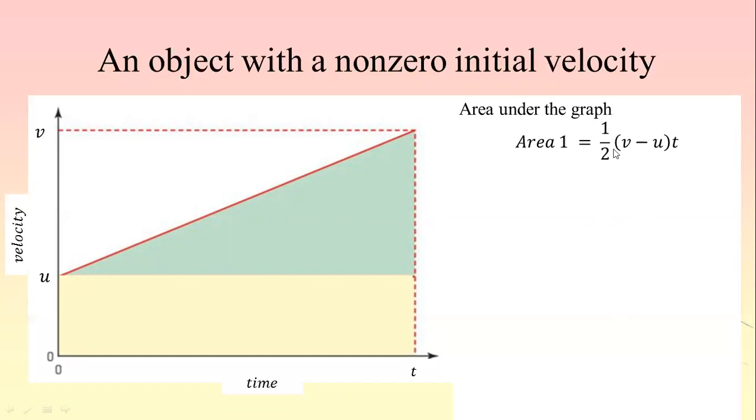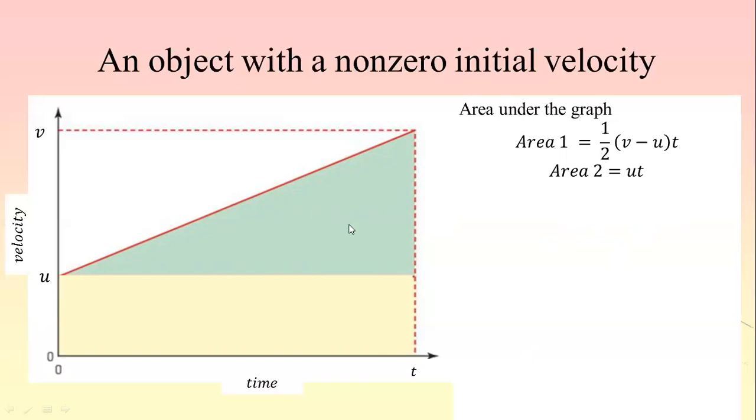For a triangle, it's 1/2 base times height. The base will be time t, and the height will be the difference between v and u. Next, for area 2, which is this rectangular area, it will simply be u times t.